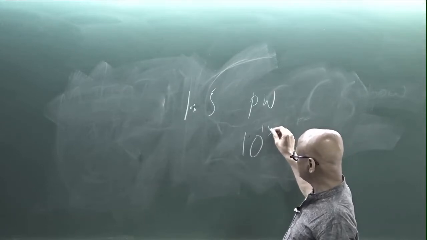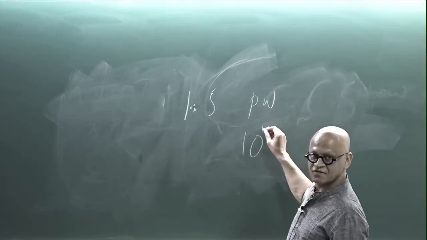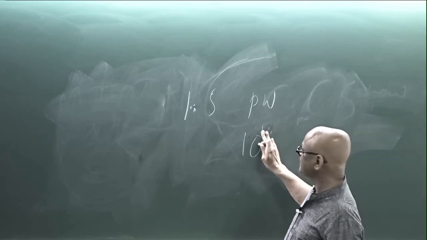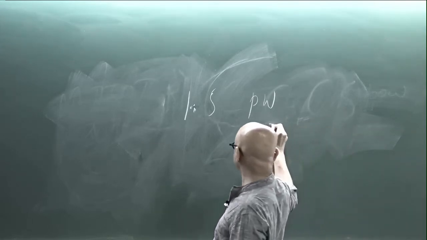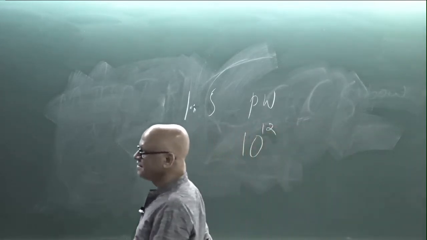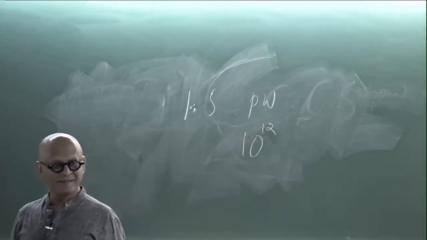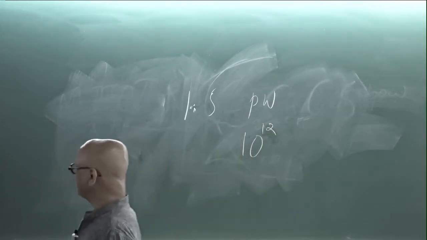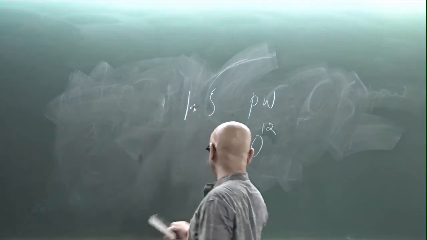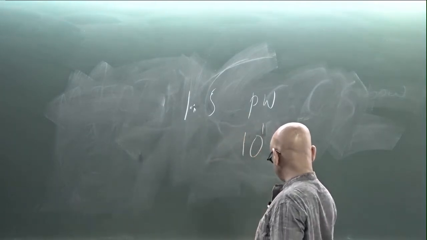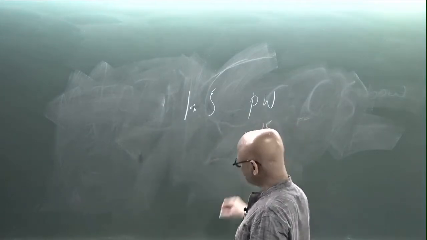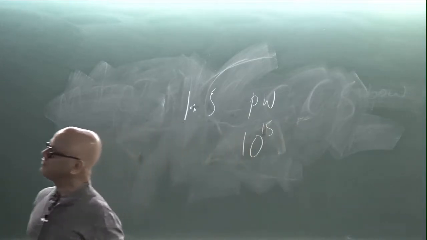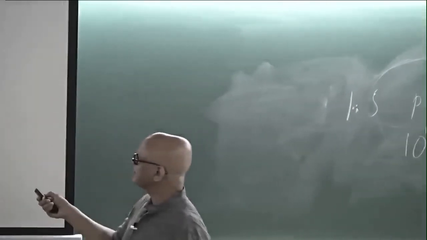Giga is 9 and peta is 15. Okay. At least, fortunately, Google is there. We can always Google it. 10 to the 15 watts or so are being brought here.